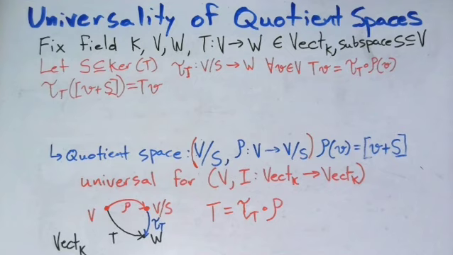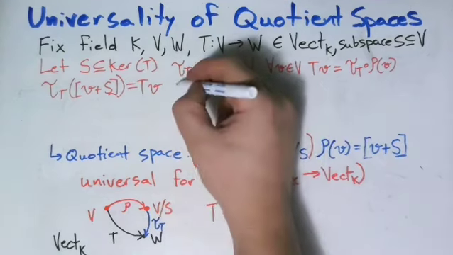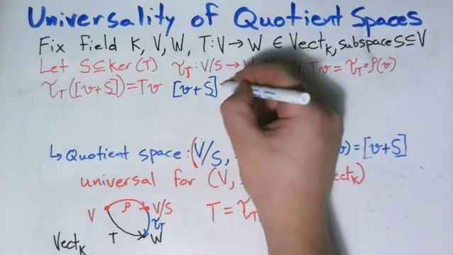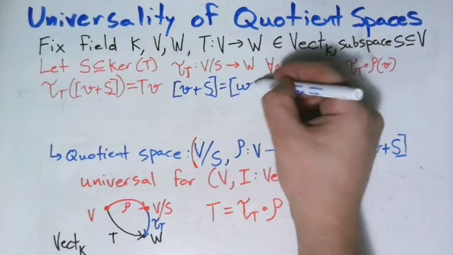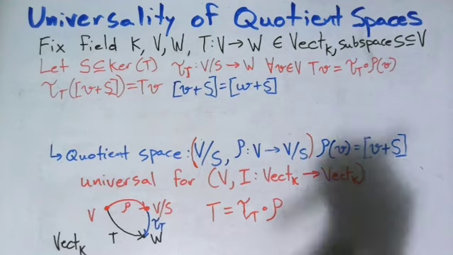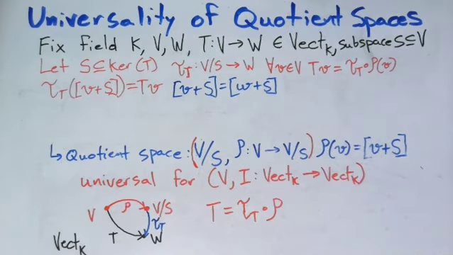So what we need to show is that if v plus S is equal to w plus S, because remember, these vectors, even though they could be different, could map to the same equivalence class.